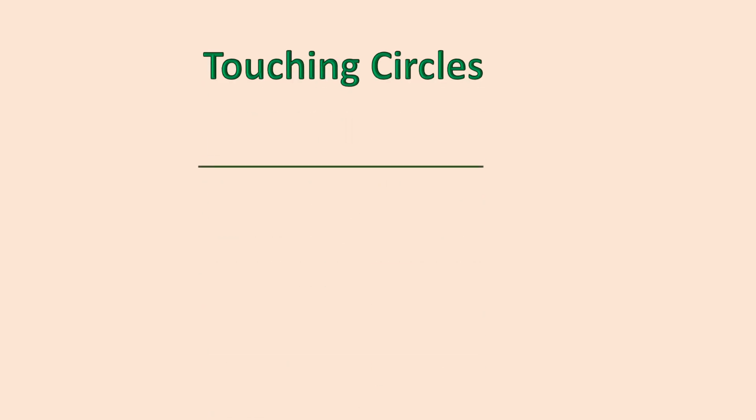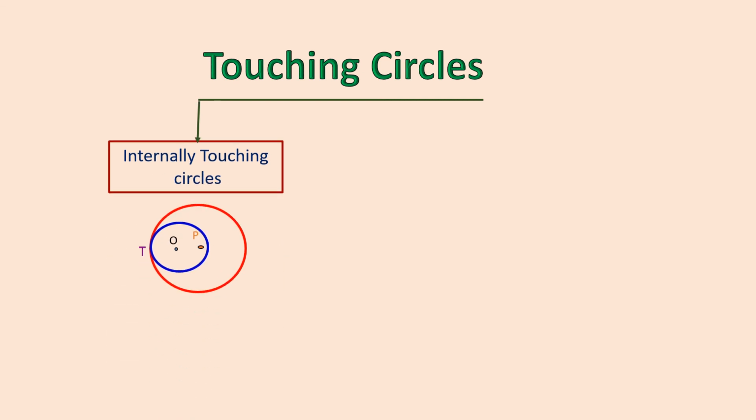Now let us see the classification table first. So here internally touching, as you can see, circles which are touching internally can have a common tangent here. Then we have the distance between their centers as R2 minus R1. R2 is the radius of the bigger circle and R1 is the radius of the smaller circle.